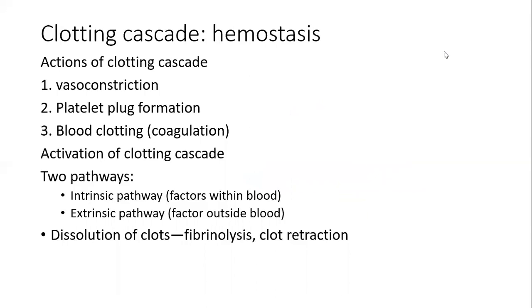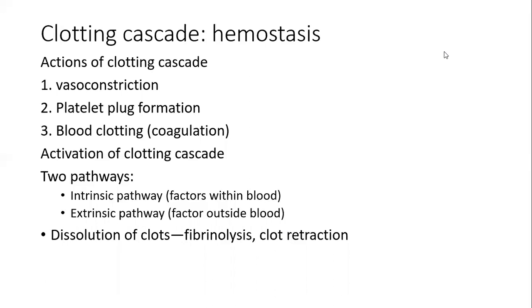Another protein system includes the clotting cascade, and that results in hemostasis. The main actions of the clotting cascade include, when there's an injury, brief vasoconstriction, to keep you from bleeding to death. Then a platelet plug is formed.